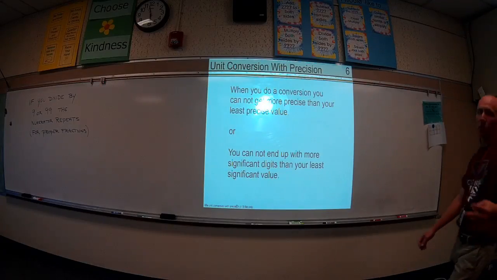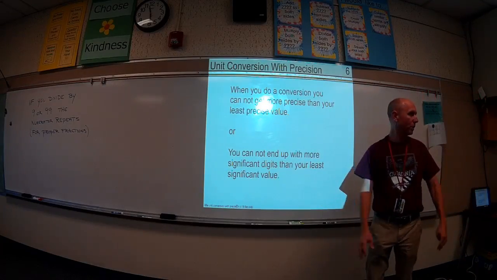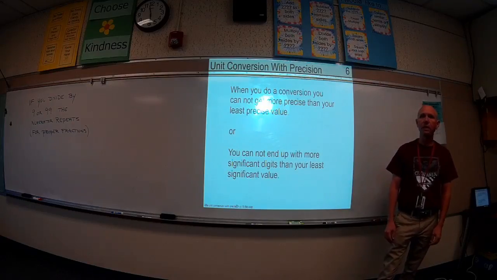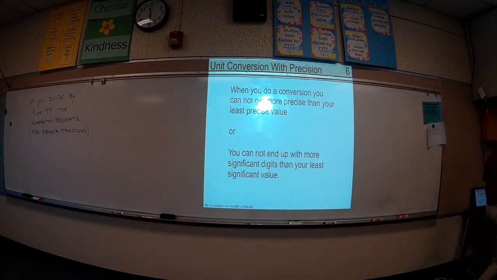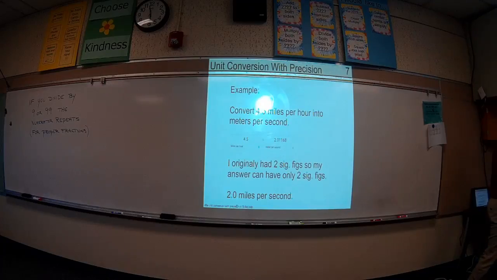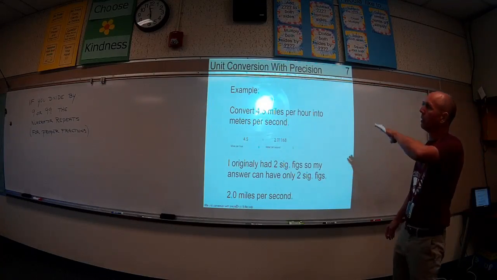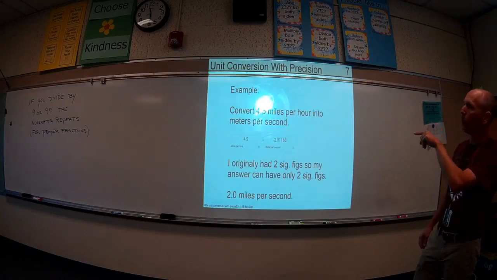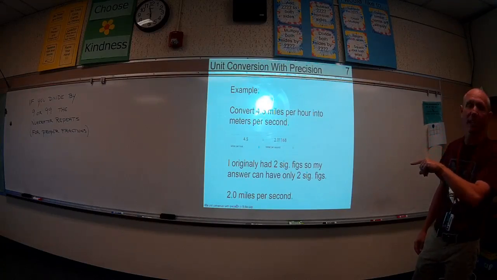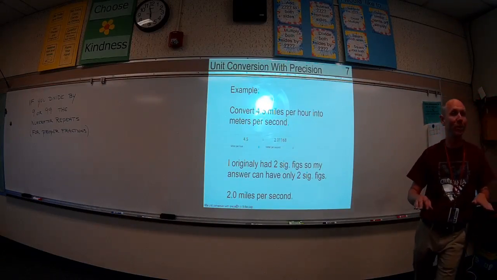So if I'm starting with 3 sig figs, I'm going to end up with 3 sig figs. You can't get any better than what you started with. Using Google, convert 4.5 miles per hour into meters per second. And all you have to do is tell Google what you want to do.